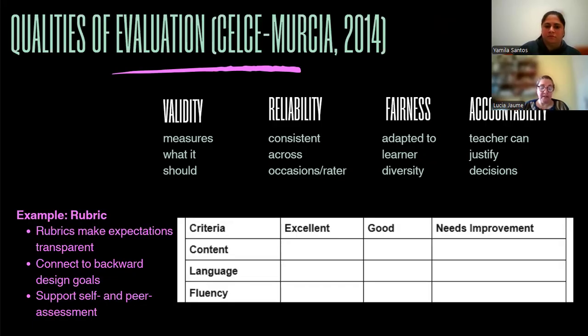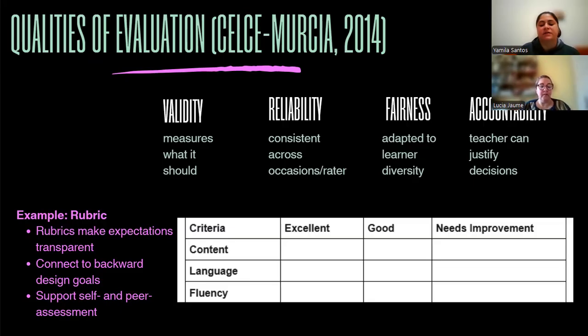If two teachers mark the same work, will they agree? Third, fairness. Evaluation should respect students' diversity. In mixed ability groups, one-size-fits-all assessments can be unfair. And finally, accountability. As teachers, we should justify our evaluation choices. Why this test? Why this rubric?